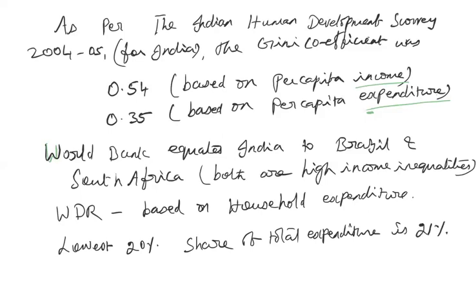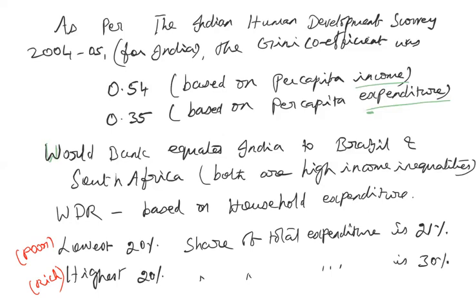And the highest, that is the richest, the highest 20%, their share of total expenditure is 30%. So just like income, they have a very lesser share in the total national income. The expenditure also they have a very lesser share, because they cannot afford to spend that much.